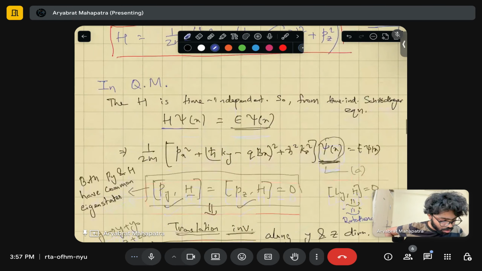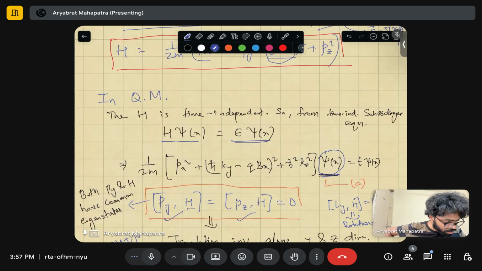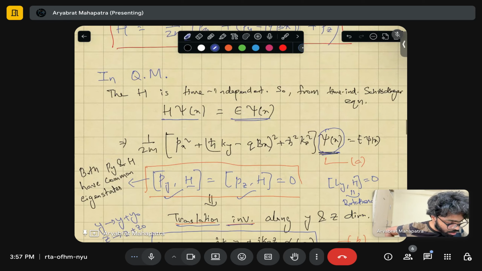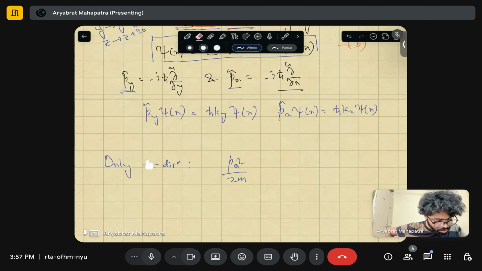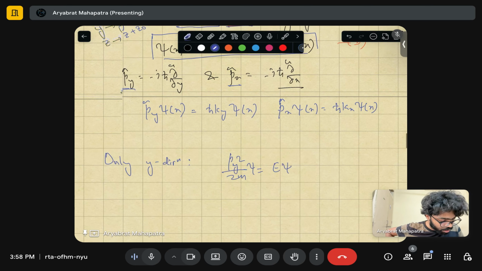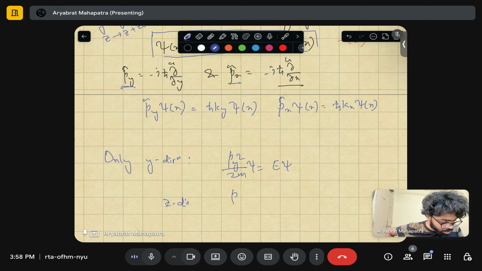Actually x is not invariant here. So for y it is py squared over 2m psi equals E psi, and similarly for z direction it is pz squared over 2m psi equals E psi.